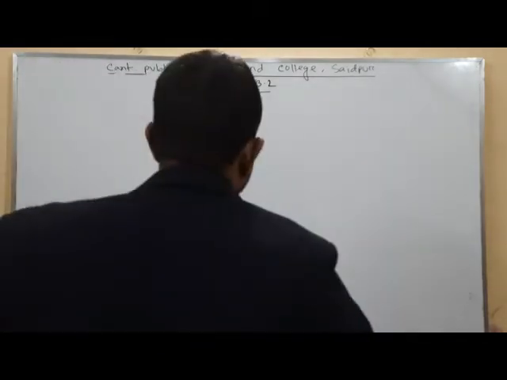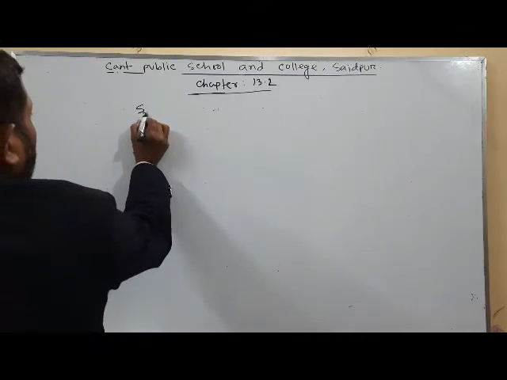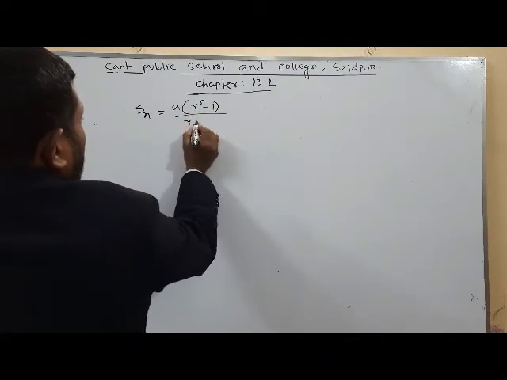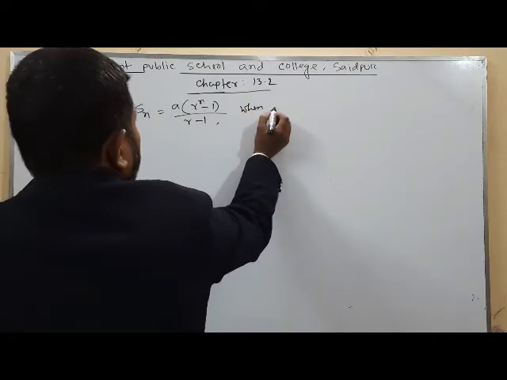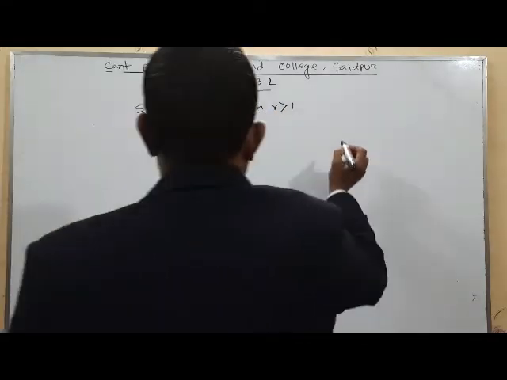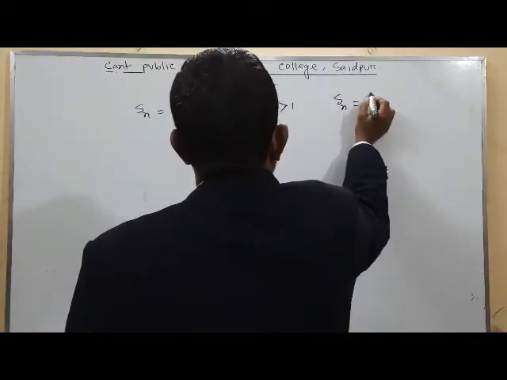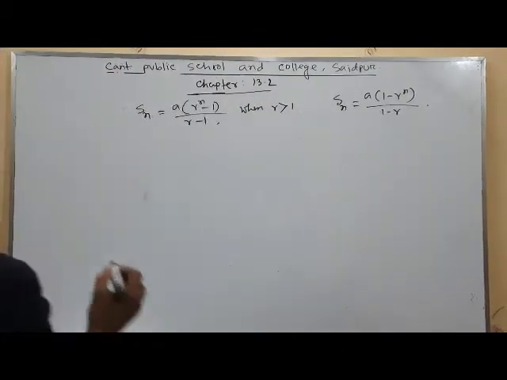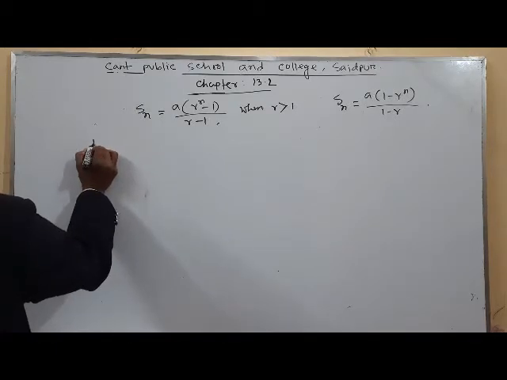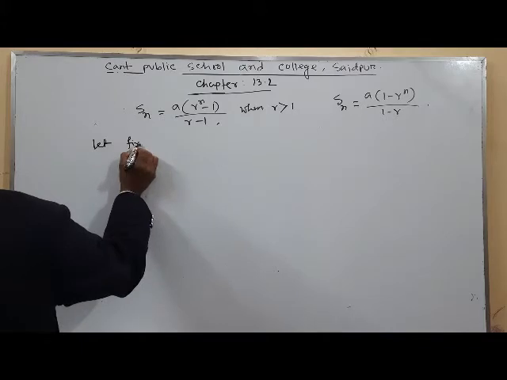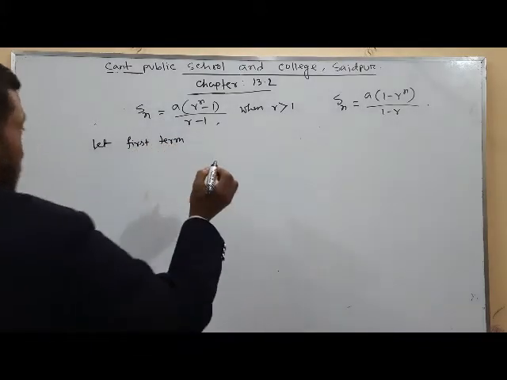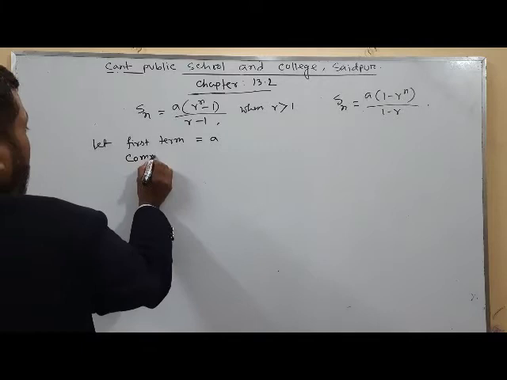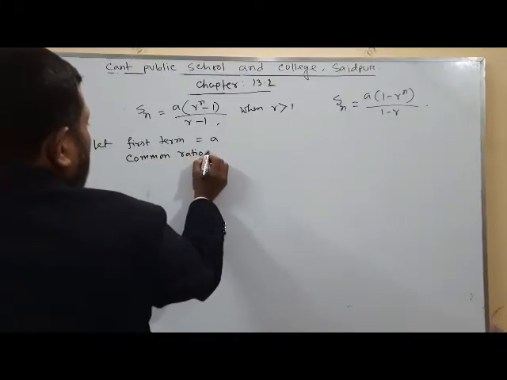Sn is equal to a into r to the power n minus 1 divided by r minus 1 when r is greater than 1, and a into 1 minus r to the power n divided by 1 minus r when r is less than 1. Let the first term of the geometric series be a and the common ratio r.